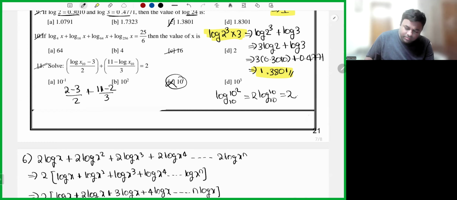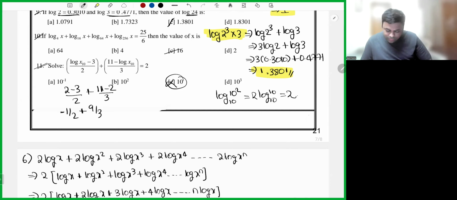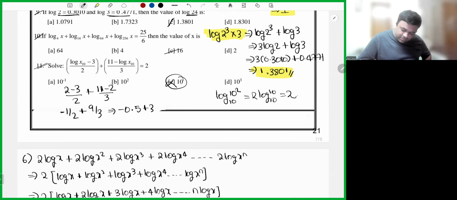What is 2 minus 3? Minus 1 by 2. 11 minus 2, 9 by 3. Now, minus 0.5 plus 3. It is equal to 2.5. Again, this can't be the answer.